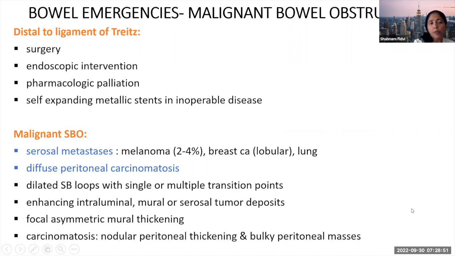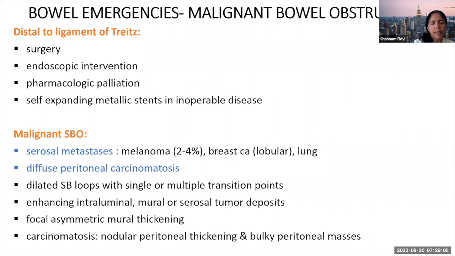This can be due to serosal metastatic disease, such as in patients with melanoma, breast cancer, and lung cancer, or it can be due to a more diffuse form of peritoneal carcinomatosis.